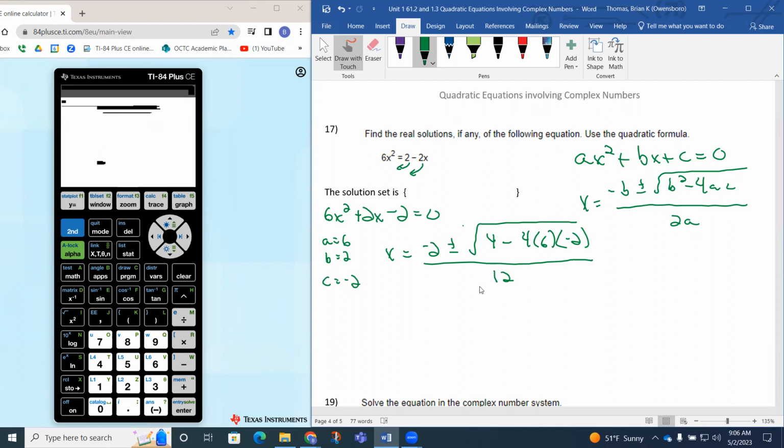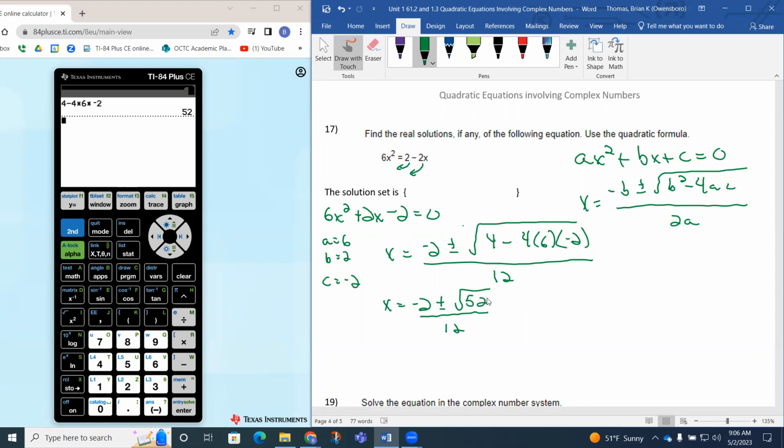So the catch is doing what's inside the radical, the square root symbol. So we have this 4 minus then 4 times 6 times negative 2. And we end up with 52. So x equals then this negative 2 plus or minus the square root of 52 all over 12.